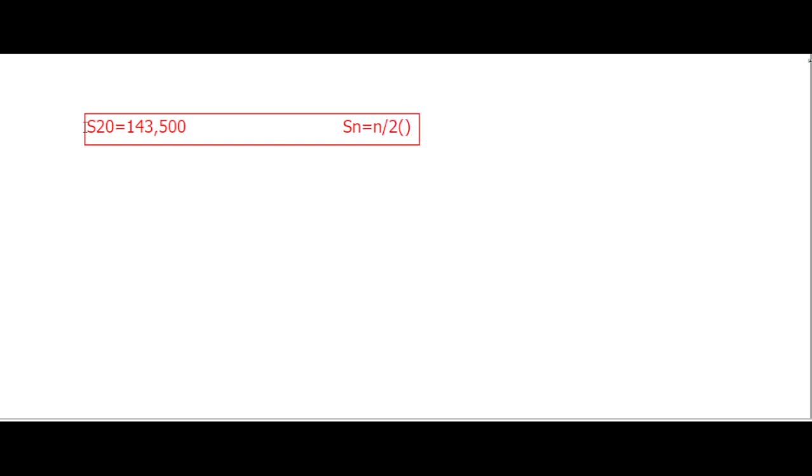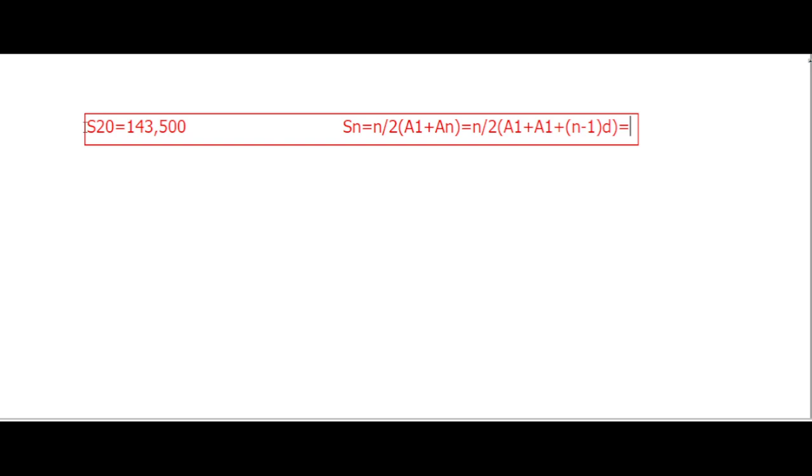We have given S20, which is equal to 143,500. Now let's use the formula Sn. Sn is equal to n over 2 times (a1 plus an), which is equal to n over 2 times (a1 plus a1 plus (n minus 1) times d).